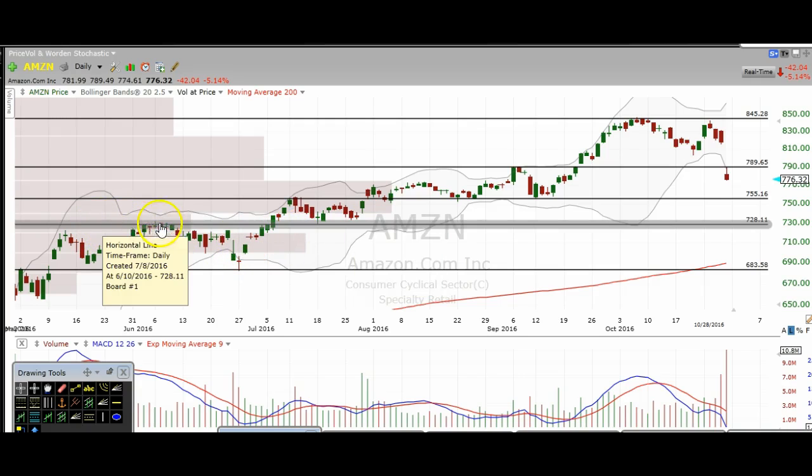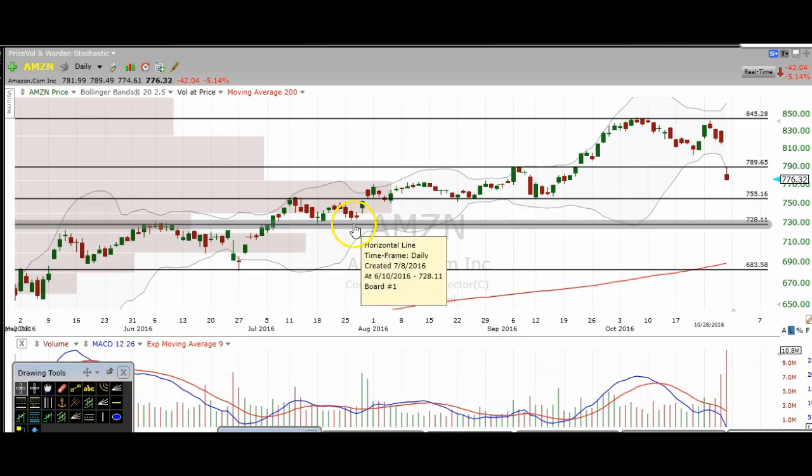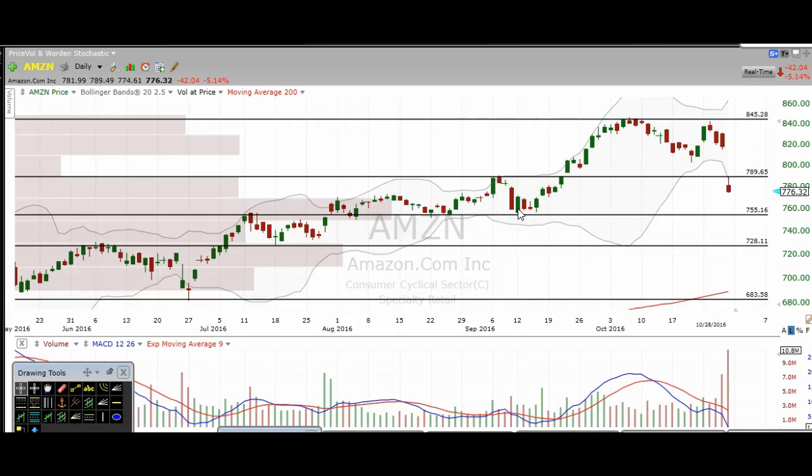You can see this 728 was previous resistance, and then we got a successful test of it here and there. And if we move up to the 755 area, you can see that it was resistance right here, and then we tested it successfully several times here, and several times here as well.